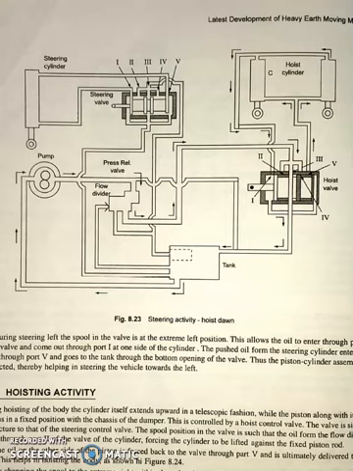Then the pushed oil from the steering cylinder enters the valve through port 5 and goes to the tank through the bottom opening of the valve. Thus the piston cylinder assembly is contracted, thereby helping in steering the vehicle towards the left.